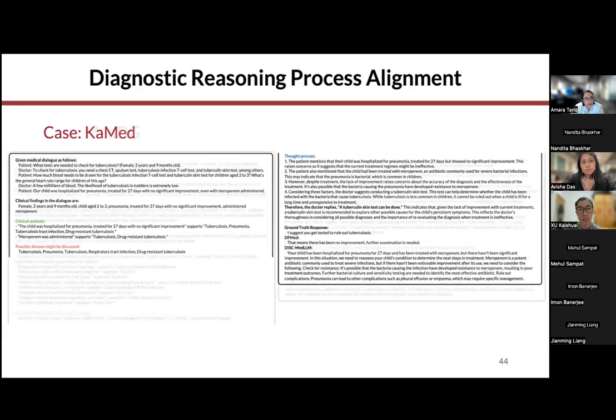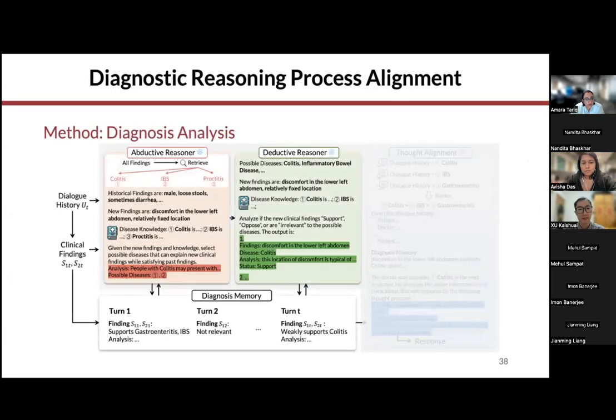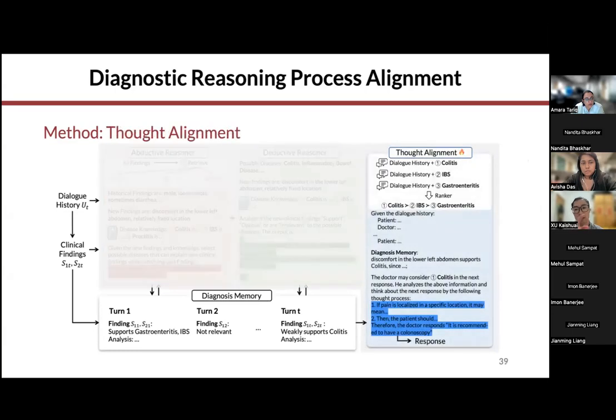Yes, since we incorporate an explicit diagnosis in the two reasoners, and the thought process is to think based on the diagnosis results.